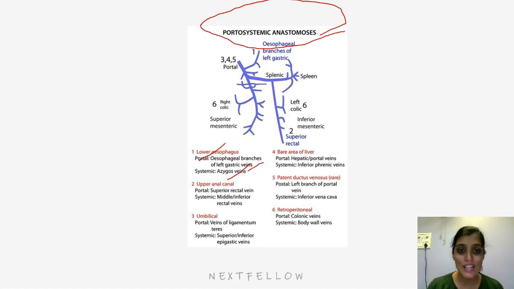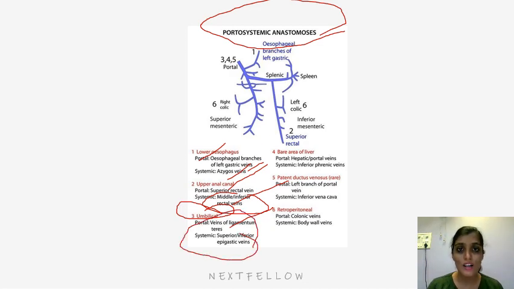Upper part of the anal canal is the anastomosis between the superior rectal vein, which is part of portal circulation, and the middle and inferior rectal veins, which are part of systemic circulation. Caput medusae, around the umbilicus: the portal veins are the veins of the ligamentum teres, and the systemic veins are the superior and inferior epigastric veins.